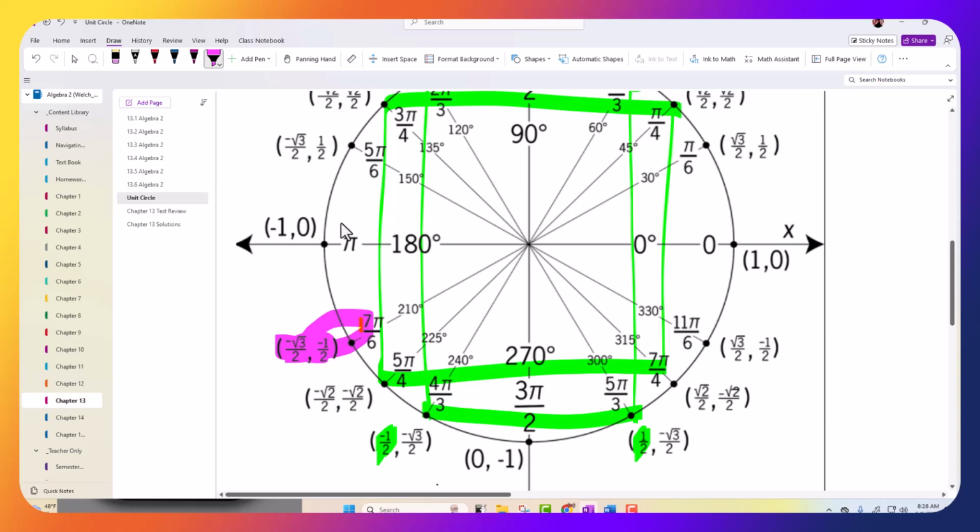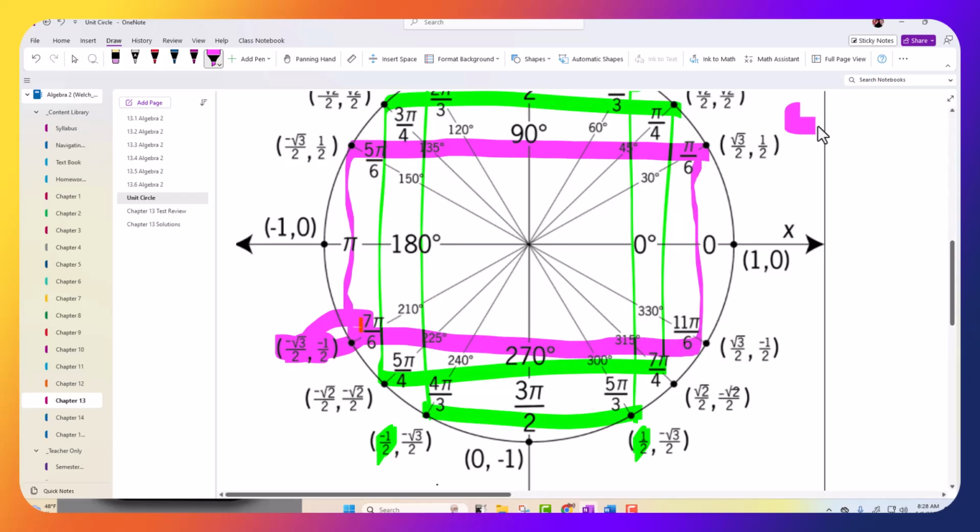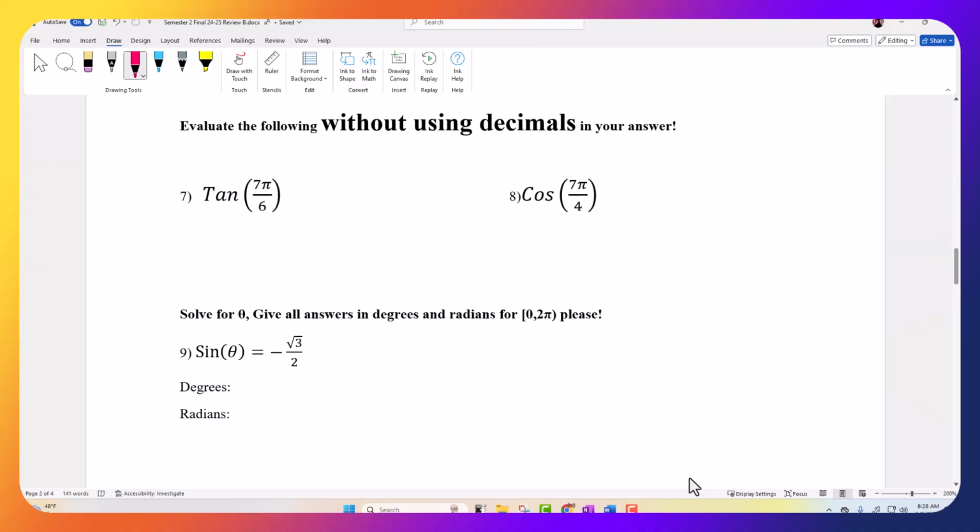That tangent is going to be connected to this rectangle here. Okay? And if we look at what you should have written down over here for your tangent, you should have root 3 over 3. And because I've got a negative negative in this 7 pi over 6 corner, my answer should be positive root 3 over 3.